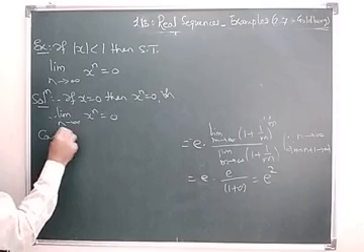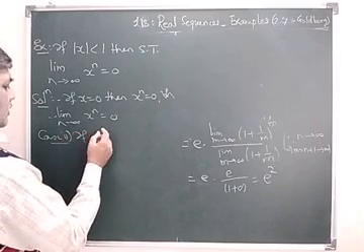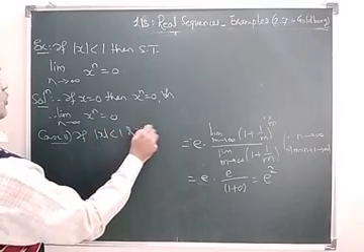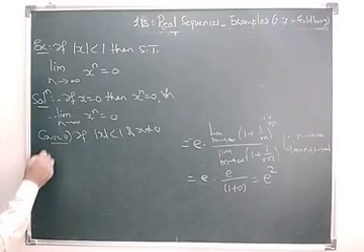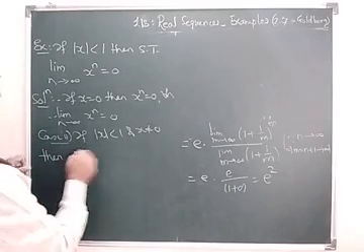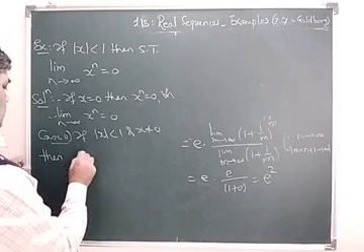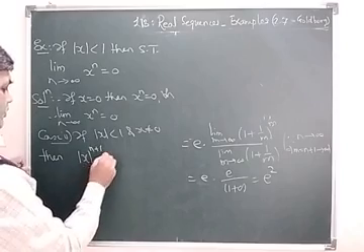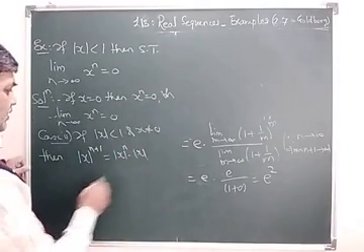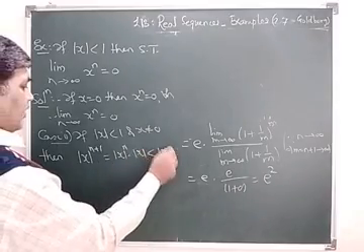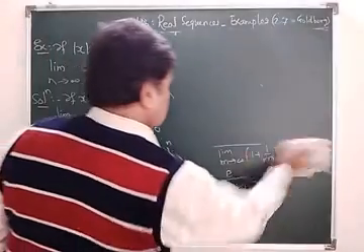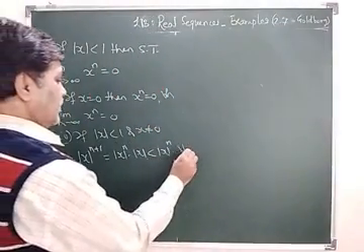Case 2, if mod x less than 1 and x not equal to 0, then mod x raised to n plus 1 is equal to mod x raised to n into mod x. This must be less than mod x raised to n for every n.